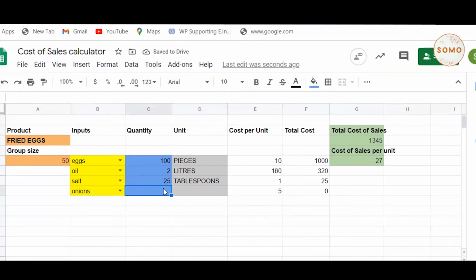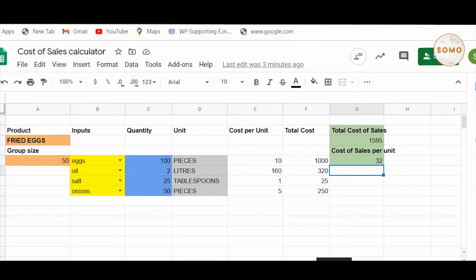Lastly, in the case of onion, we will need 50 pieces. Total cost of sales that goes into making the 100 eggs is 1,595 shillings. Cost of sales per unit is therefore 32 shillings.